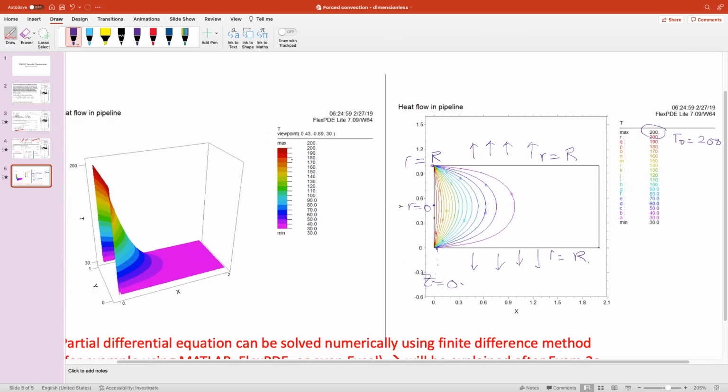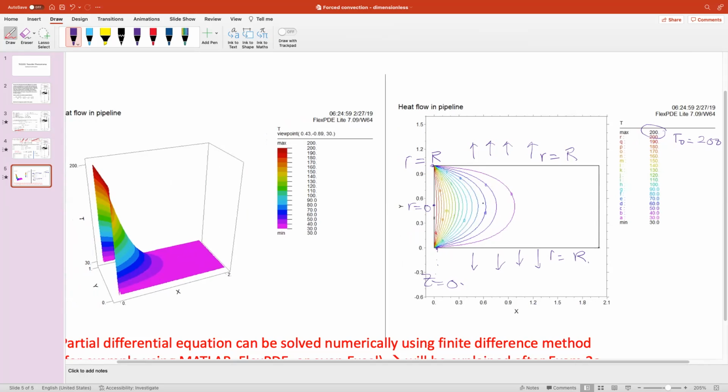Okay, and then you can see that the temperature around here would be a function of r and also a function of z. Usually in FlexPDE or in computational fluid dynamics, we can see the difference of the color. High temperature usually becomes red.